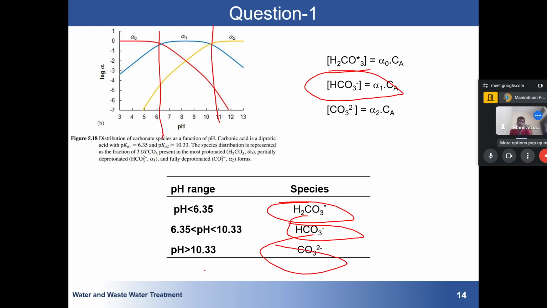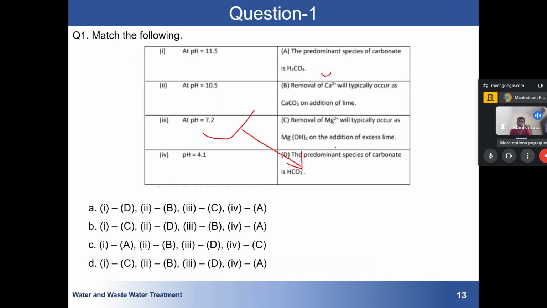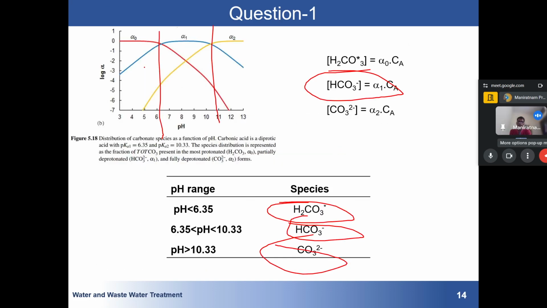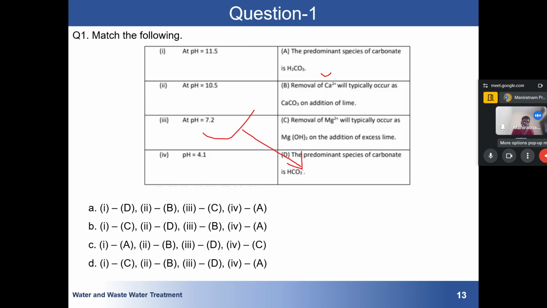And the last option is at pH 4.1. At pH 4.1, you can see this alpha naught is dominant, that is, the non-protonated form, H2CO3. So this four will be matching with A. So without matching options one and two, you can answer that this is the correct answer.